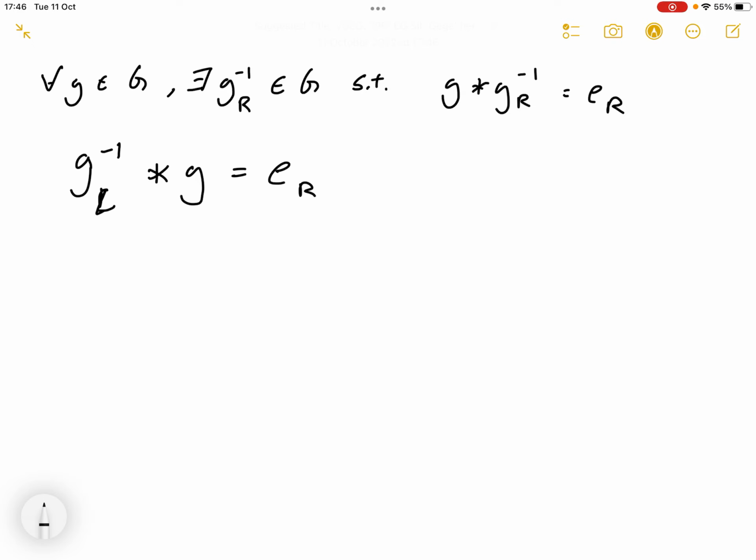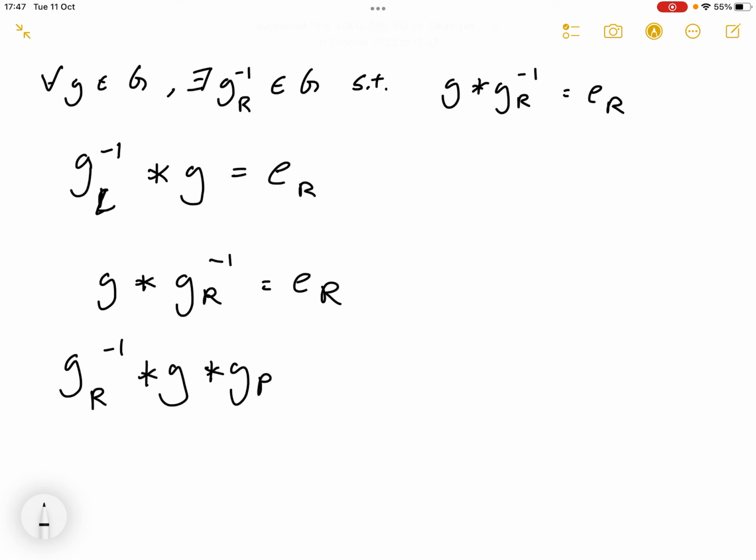Well, we'll start off by saying G star G R inverse equals E R. And then what we'll do now is multiply by G R inverse star G star G R inverse star G. So we multiply this on the two different sides, and we'll do the same on the right hand side.